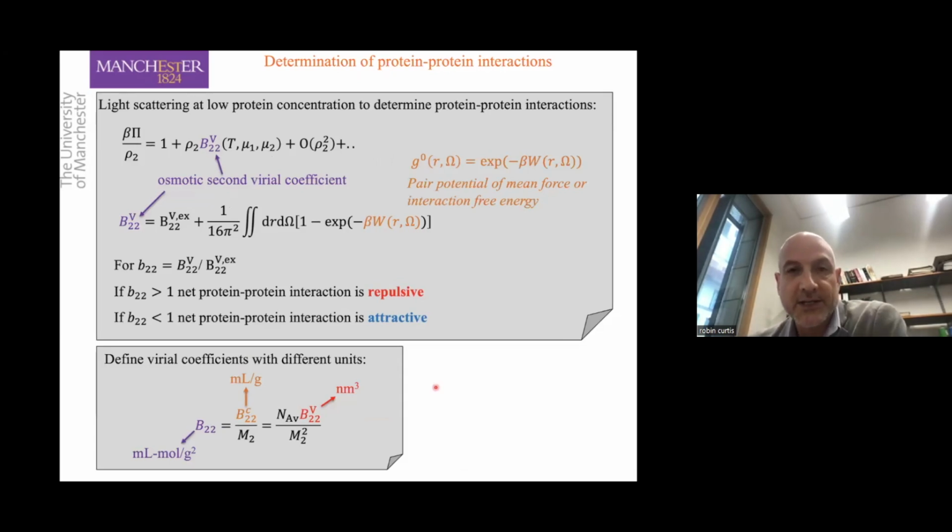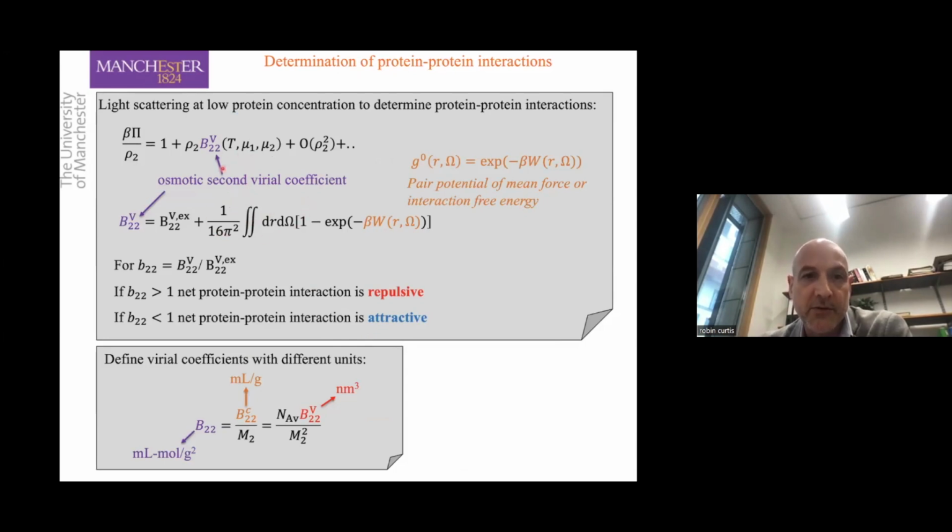The connection to protein-protein interactions is made by noting that the osmotic pressure can be expanded in a Taylor series, and the osmotic second virial coefficient, which is the second order term, is related to protein-protein interactions through this integral.